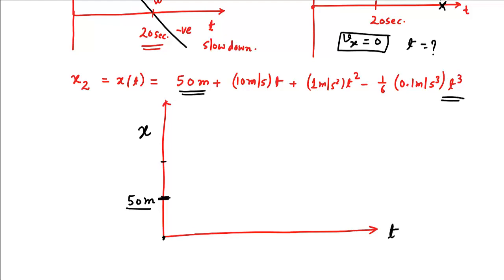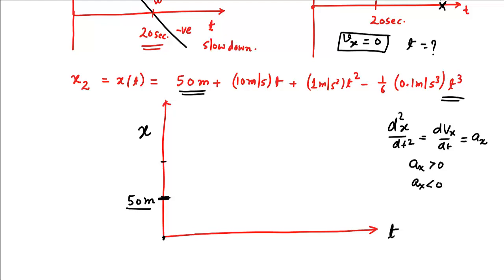In a cubic function, we can decide whether it is concave up or concave down depending upon the value of d2x by dt square, which is nothing but dvx by dt, that is acceleration. If acceleration is positive, we have concave up, and when acceleration is negative, we have concave down.